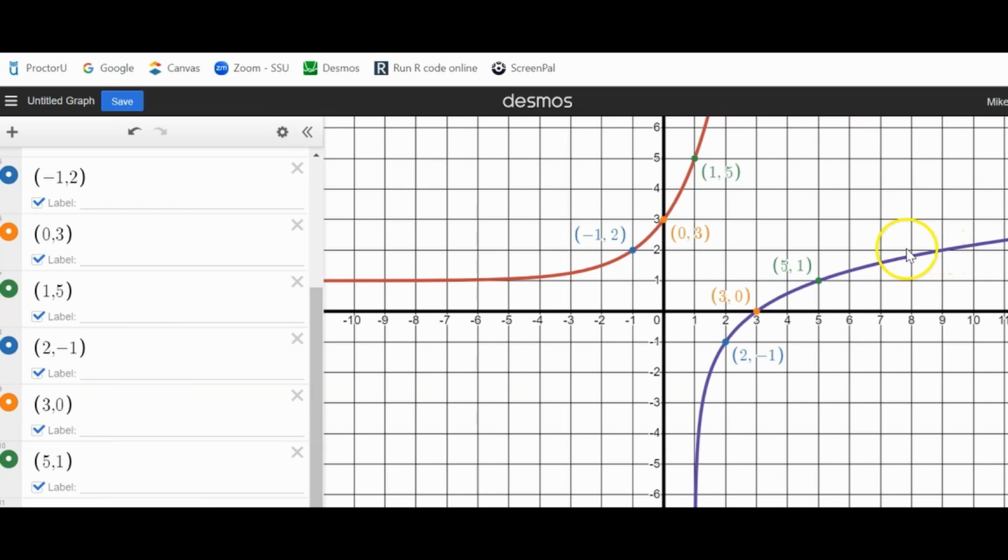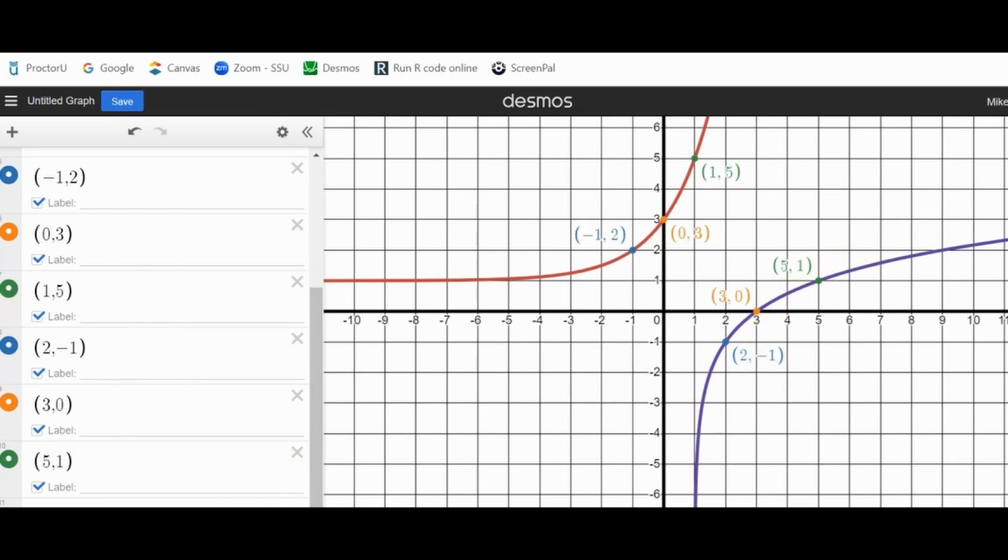And you can see that they pass through inverse points. f of x passes through the point 1, 5, and f inverse of x passes through the point 5, 1. f of x passes through the point 0, 3, and f inverse passes through the point 3, 0. Lastly, f of x passes through the point -1, 2, and if we swap these two, we get 2, -1, and f inverse passes through there.